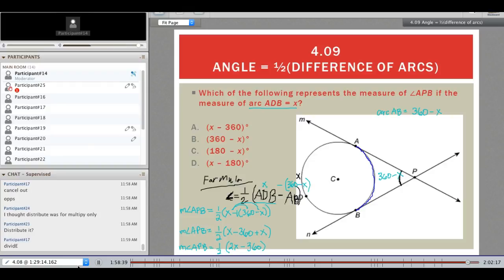Now, Anthony, that is true as well. You can actually apply both of these. You can either think of it as distributing or dividing. But really, even when you're dividing, you're distributing the 2 in there. You're just thinking of it as dividing by 2, but you are doing it to both terms inside. So distribute just means you need to take the 1/2 and apply it to the 2X and the 360.